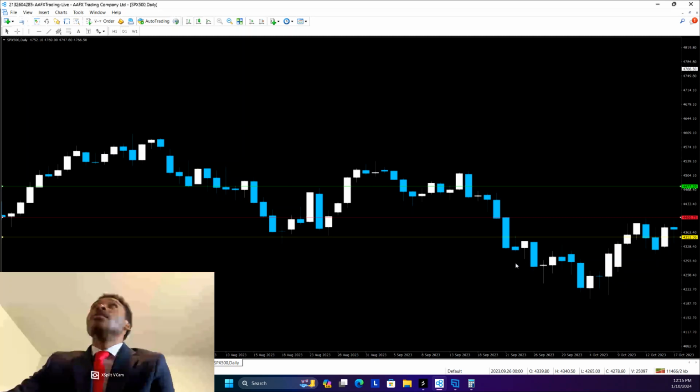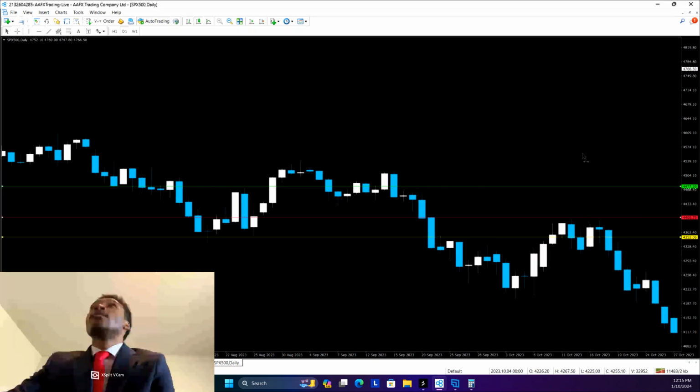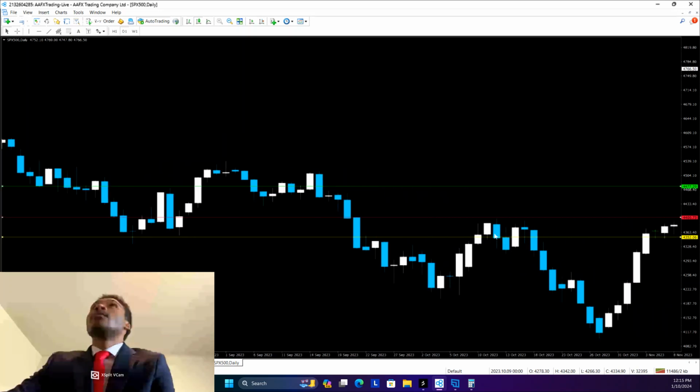Think about it. If you risked, let's just say prop firm wise, if you risked 2% here, and then you risk 2% here, and then you make 4% right here, you're back to zero. And then on this sell, you risk 2%.